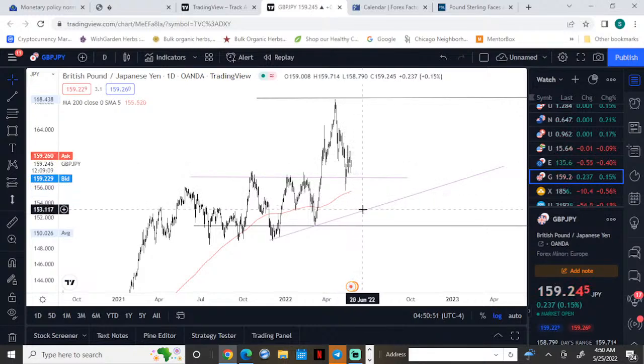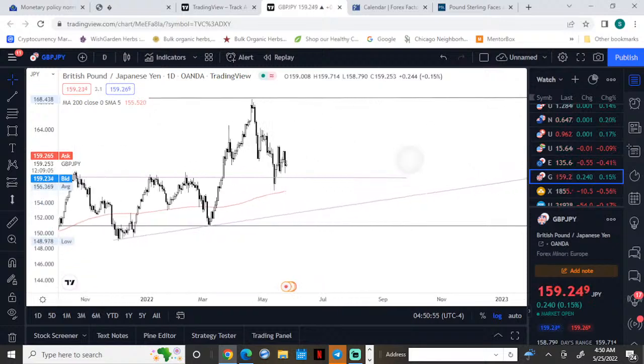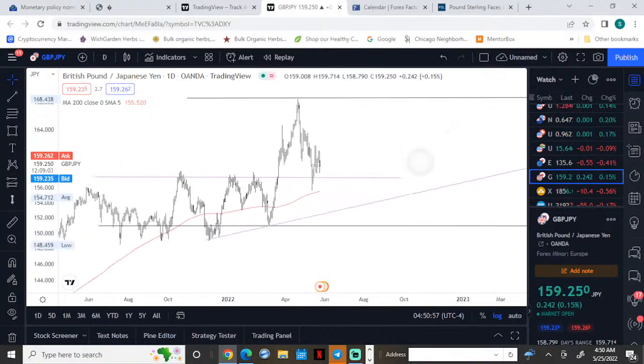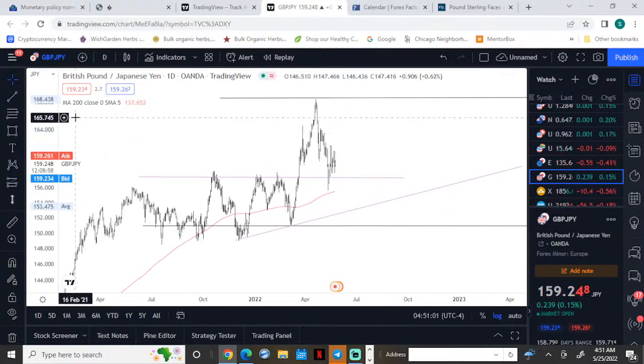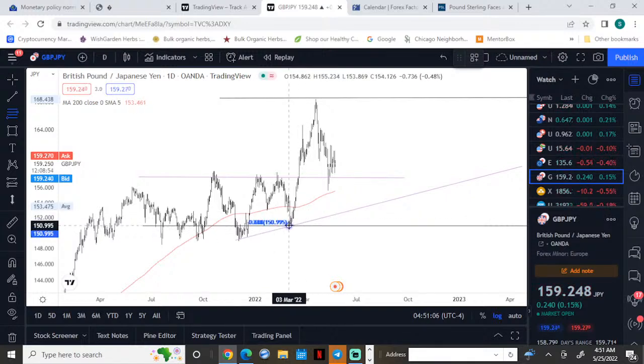I would say come back and retest this trend line. But I will read an article to see what they're saying. So we do have a perfect fib. We got our point A.